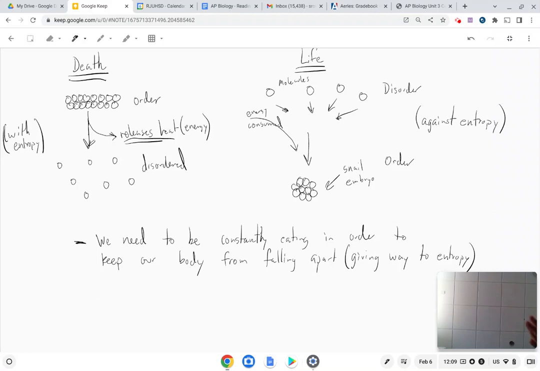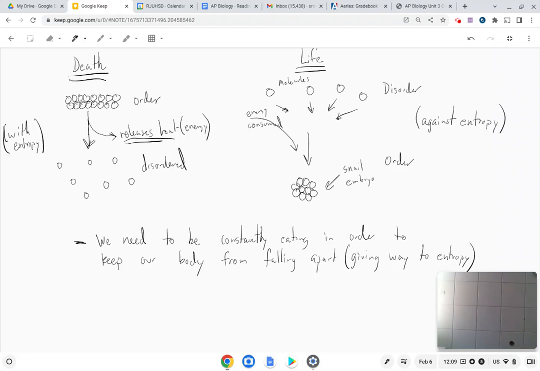Now, even when you become an adult, my body weight has stayed about the same for the last 8 years probably. But I've been eating food for the last 8 years and I haven't gained a single pound. That's because all the energy I'm taking in is just so that I don't fall apart. I know it sounds weird, but that's literally why I'm eating.